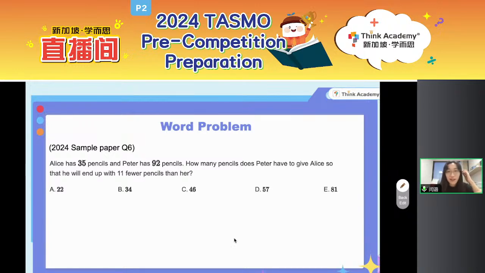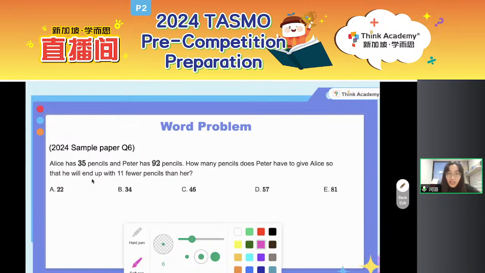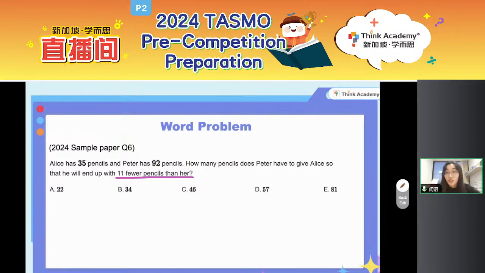Alice has 35 pencils and Peter has 92 pencils. How many pencils does Peter have to give Alice so that he will end up with 11 fewer pencils than her? Everyone, you see that in the end, he has 11 fewer pencils than her.